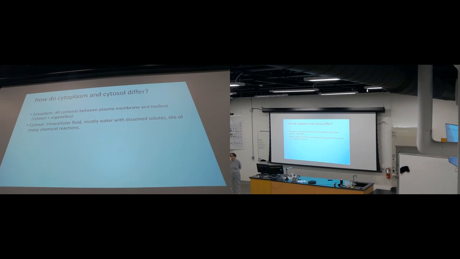All of these ions are dissolved in it. And it has a particular pH, a certain concentration of hydrogen ions. So the cytoplasm has everything, cytosol and the organelles, while the cytosol is only the liquid portion that has all the dissolved solutes.